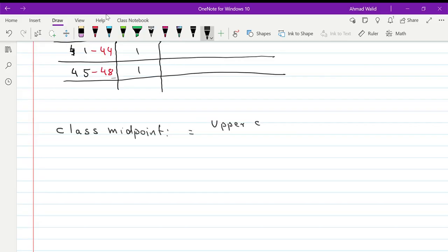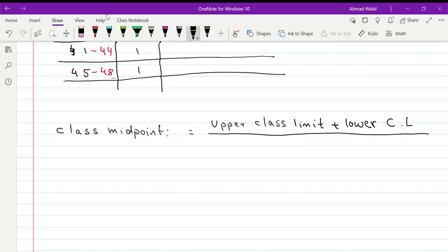upper class limit plus lower class limit. CL means class limit, please, divide by 2.